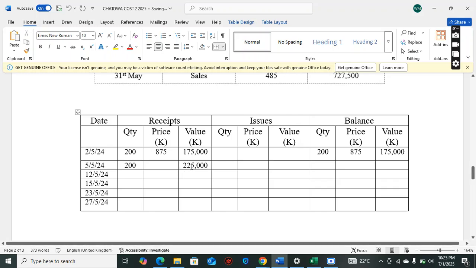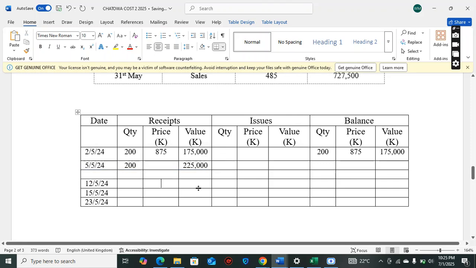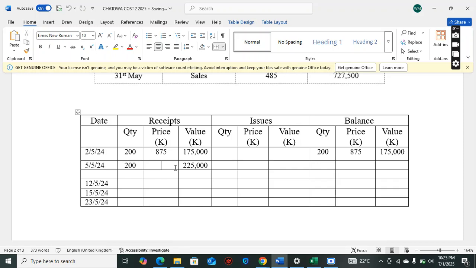We're going to do 225,000 divided by 200. What do we get? $1,125.